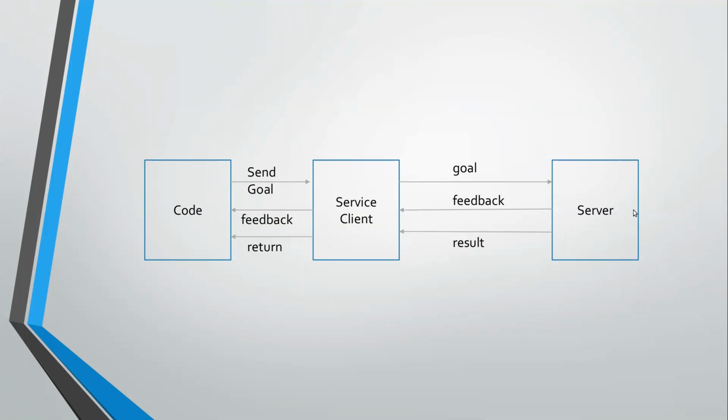Once the calculation completes, it will give out the results, another kind of ROS message, to the service client, and the service client will return the results it got from the server to the code. This is the basic operation that happens in the action server, action client implementation.